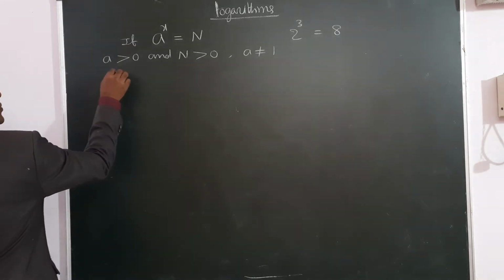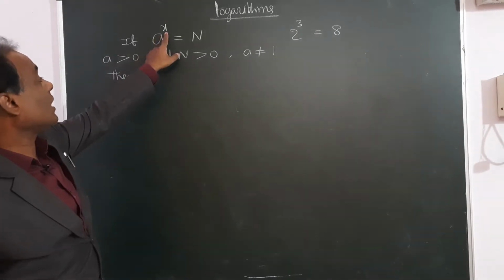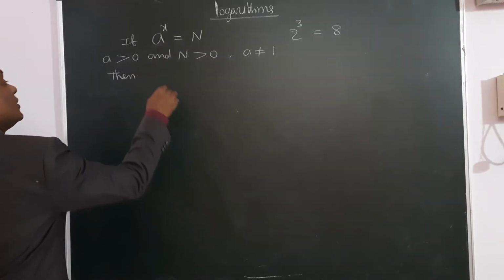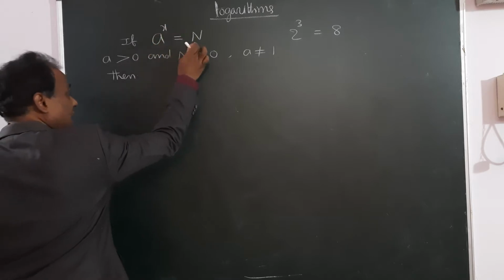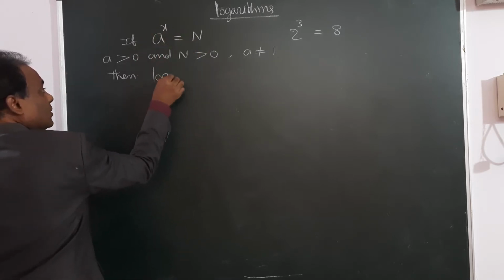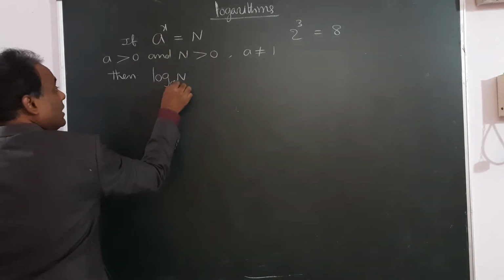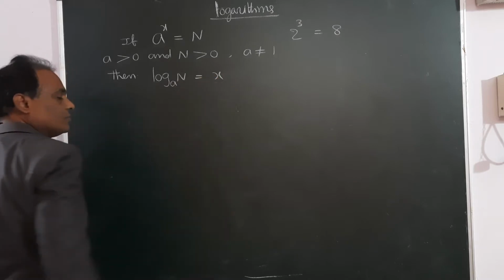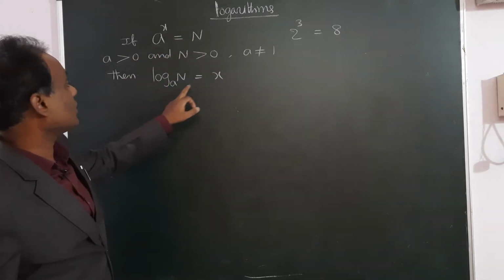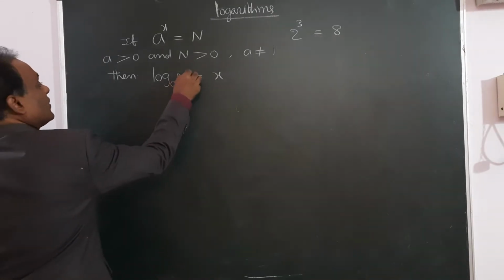Then this x is called the logarithm of n to base a. x is the logarithm of n to base a. So this is written in the logarithmic form like this: logarithm of n to base a is equal to x. So this is the definition of the logarithm.